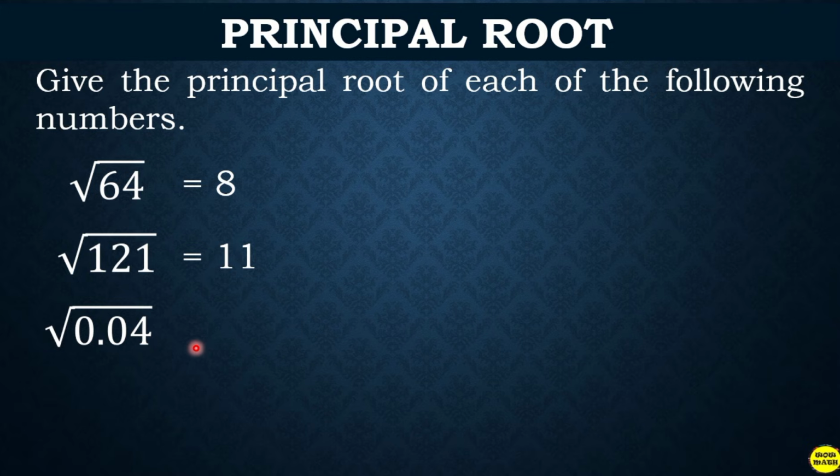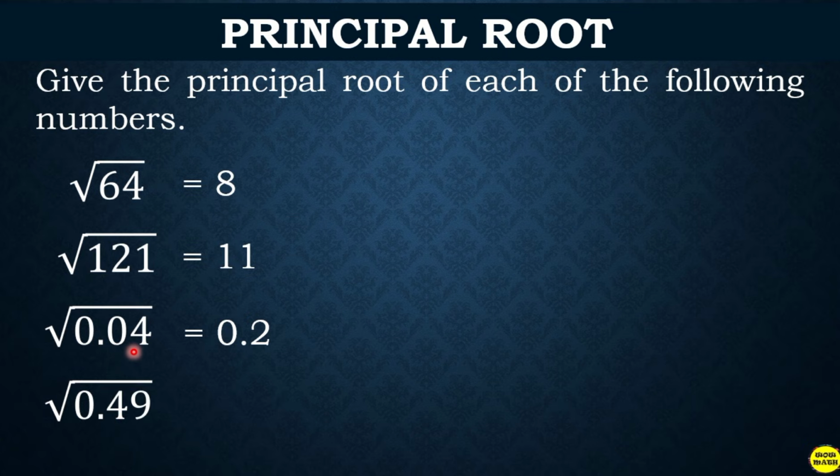So, therefore, the square root of 0.04 is 0.2 because 2 times 2 is 4. Okay, bakit may 0 pa dito? Kasi we need to write this in 2 decimal places kasi ito ay 1 decimal, di ba dalawa to, 0.2 times 0.2, so 2 decimal places siya. So kaya dapat, ito yung product niya.